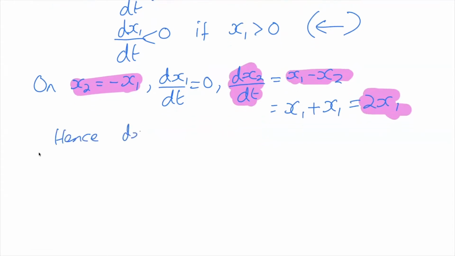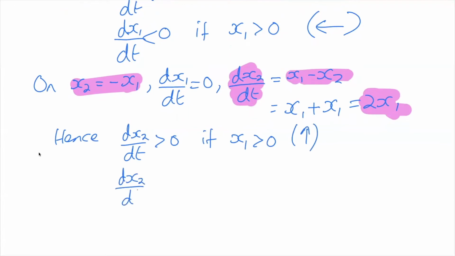So dx2/dt is going to be positive if x1 is positive. That means we're going to be moving up on this null line when x1 is positive. And dx2/dt is negative if x1 is negative. So we move down on this null line when x1 is negative.